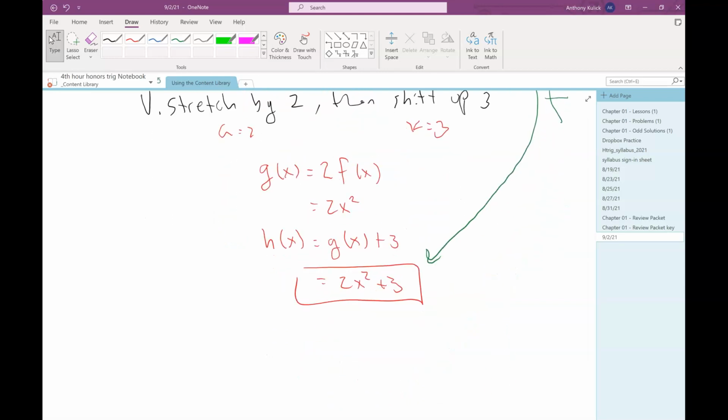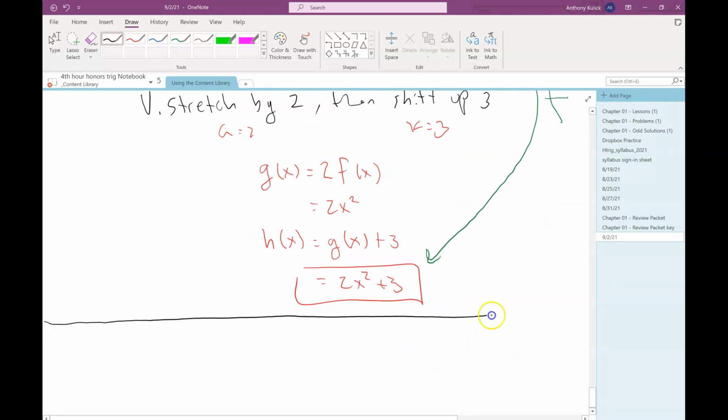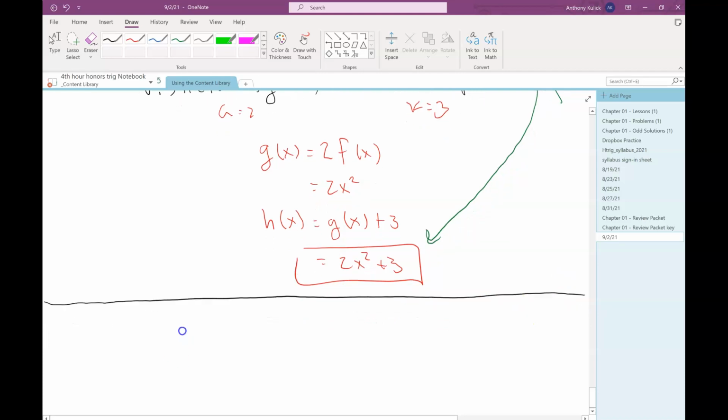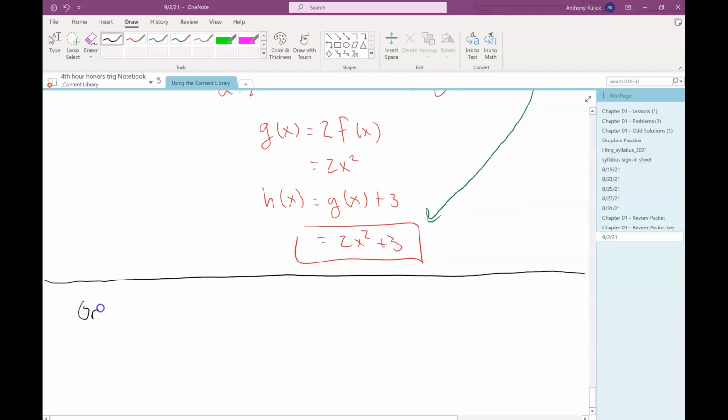So let's talk about the order of transformations.